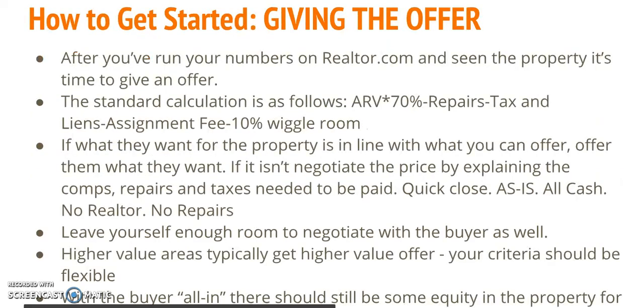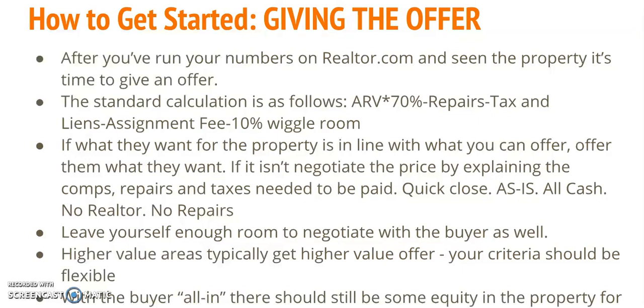After that, guys, the next thing that you want to be doing once you go see the property is you want to be giving the offer. So after you've already run your numbers on Realtor.com, or you've sent your property over to a realtor and they've sent you back some comps, it's pretty much time for you to be giving them an offer.